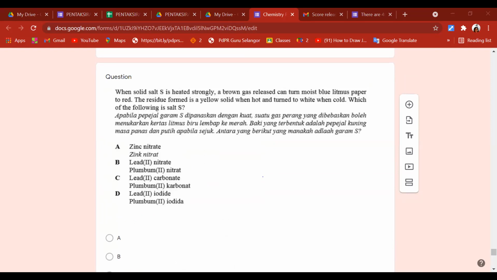No. Carbon? No. Nitric ion? No. Brown gas. Only one brown gas that is acidic turns blue litmus red. Lead? No. Copper? No. Iron 2? No. Wait, I Google. NO2. NO2, correct.